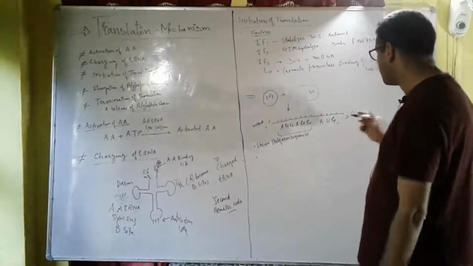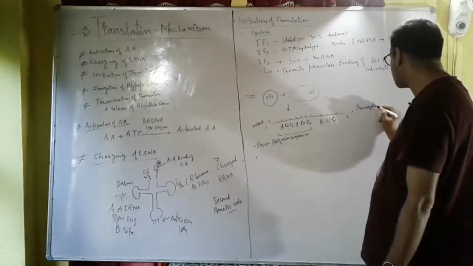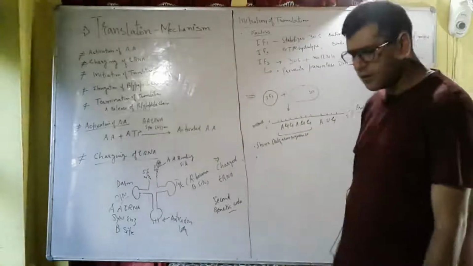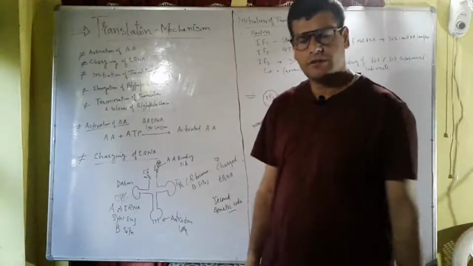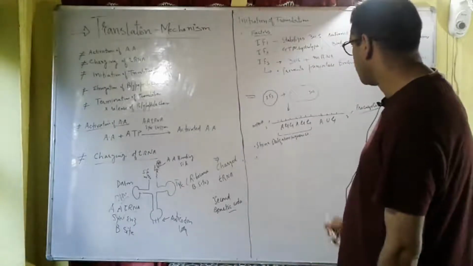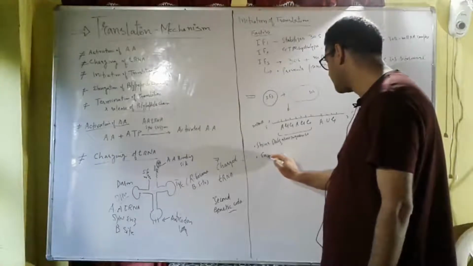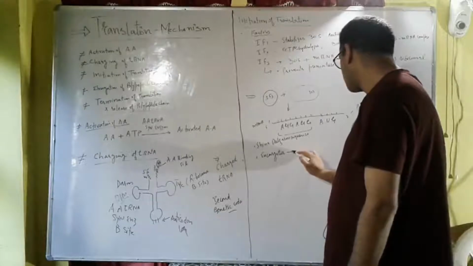This is in case of prokaryotes. Remember that the Shine-Dalgarno sequence is responsible for the efficient translation of the mRNA. Then in case of eukaryotes, what we find? In case of eukaryotes, we have the Kozak sequence.